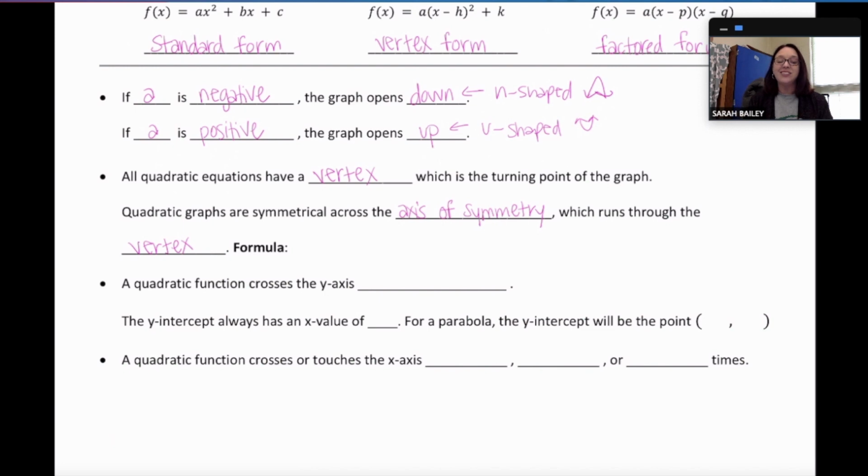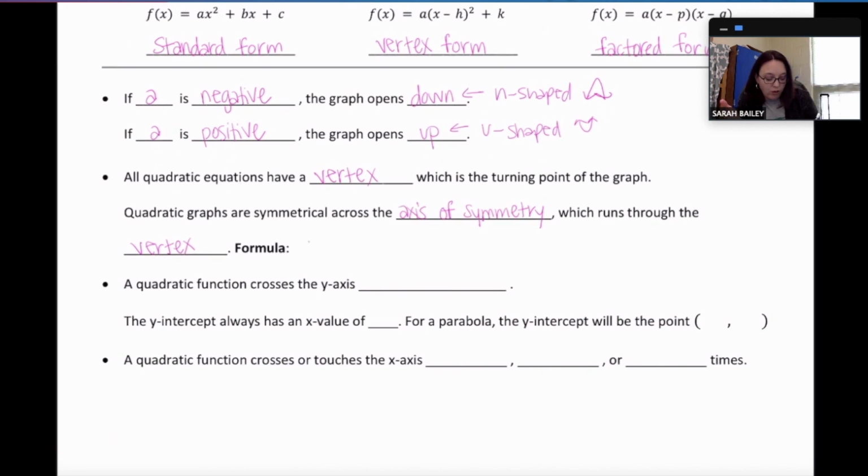The axis of symmetry is just a vertical line that goes through the vertex. It's symmetrical, meaning if we folded our parabola along that vertical line, it would be congruent. You'd see two congruent figures. The formula for your axis of symmetry: remember I told you it's a vertical line. Vertical lines are always of the form x equals a number.